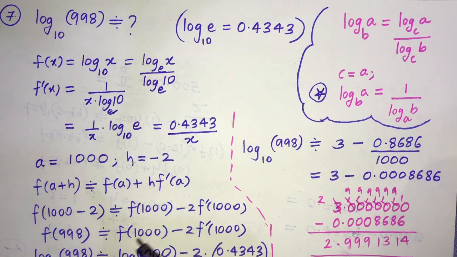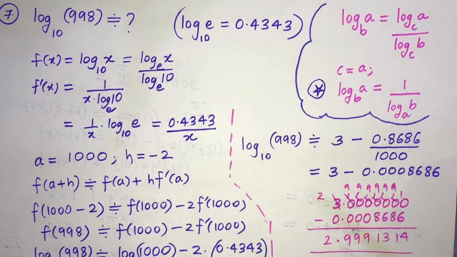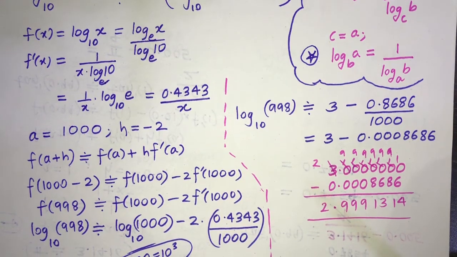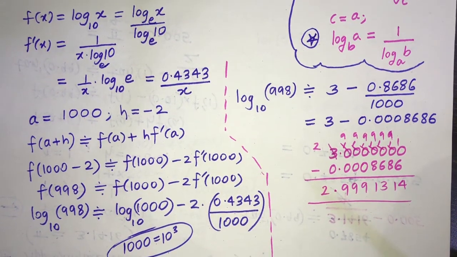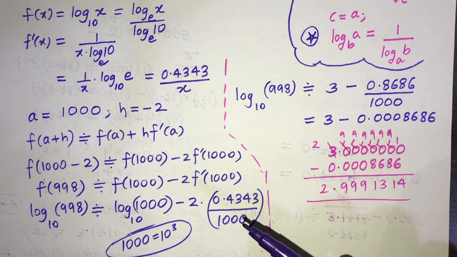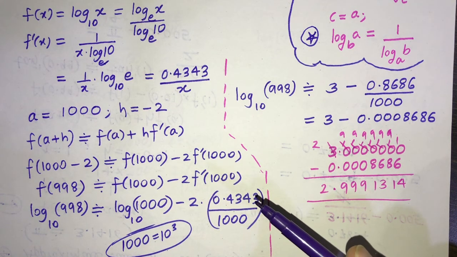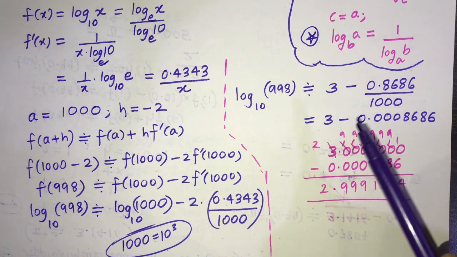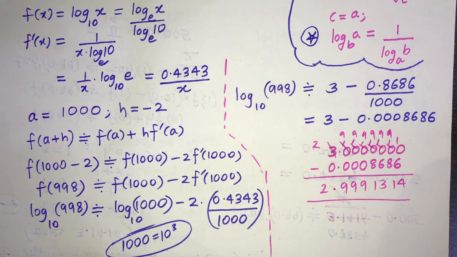Okay, so we have f of 1000 minus 2 into f dash 1000, and then we get the value of f dash 1000 as 0.4343 upon 1000, and we multiply 2 to that, we get this, and we get up to 7 places the approximate value. Okay, that is how we are going to do this sum. Yeah. So this was the final example, approximation in logarithmic function.